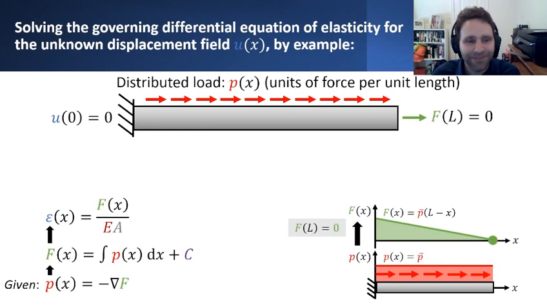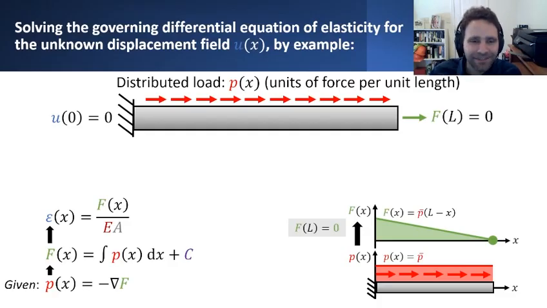We can also, given internal force, figure out the internal stress just by dividing by the cross-sectional area, assuming that the stress over the cross-section acts uniformly. And we can also divide the resulting internal stress along the length by the Young's modulus, inverting our constitutive relationship to determine the internal state of strain in this member at any point along the length.